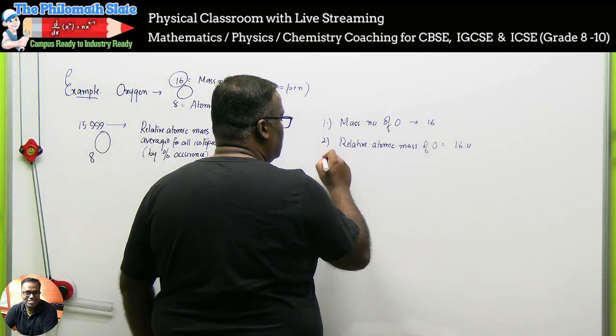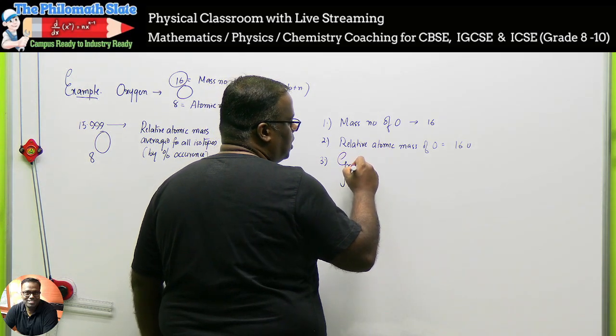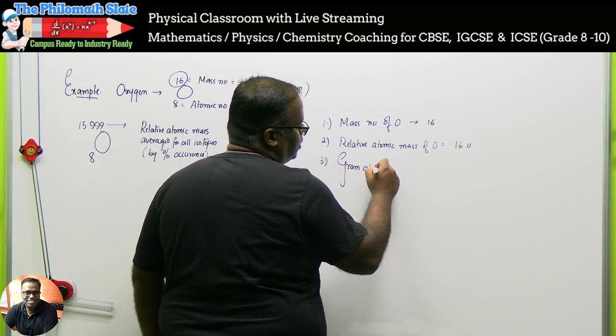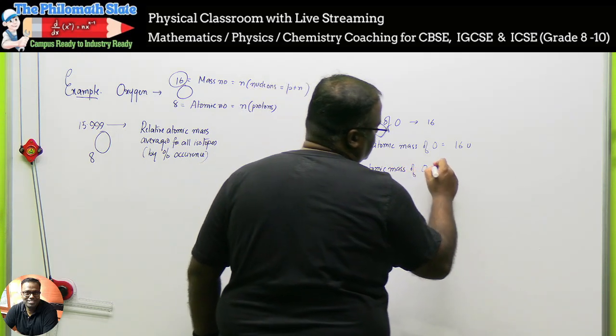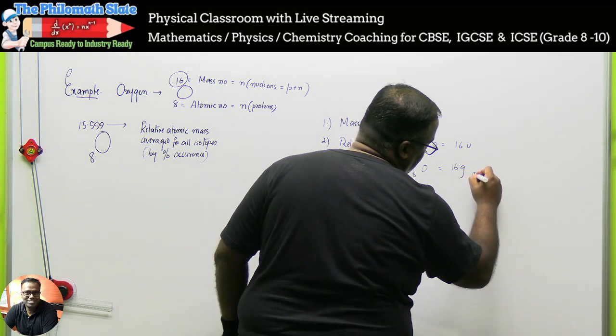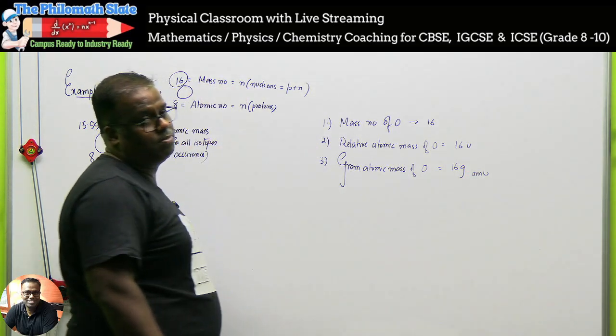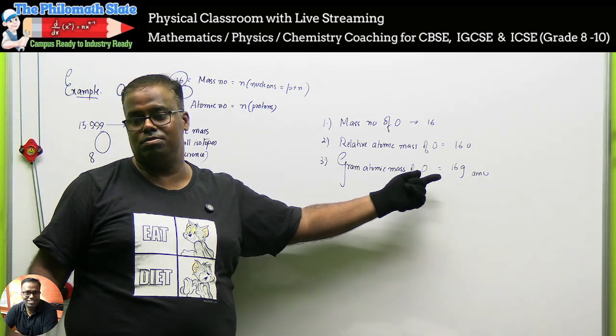Third, relative atomic mass expressed in grams is known as gram atomic mass. Gram atomic mass of oxygen is 16 gram, but this is gram atomic mass unit, not ordinary grams. Mind you, one oxygen atom cannot be 16 grams, as I told you.